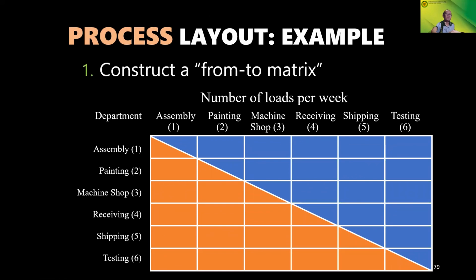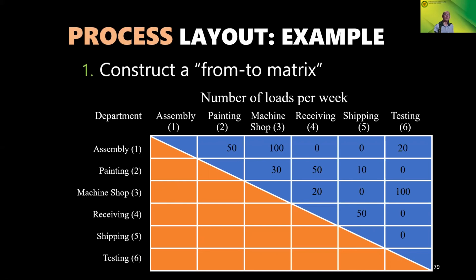The first step in process layout is to construct the from-to matrix, showing the flow of parts and materials from department to department, so you can know how many transactions or transfers there are between departments. So from here, you can see that from assembly to painting is 50 units, assembly to machine shop is 100 units, and assembly to testing is 20 units.